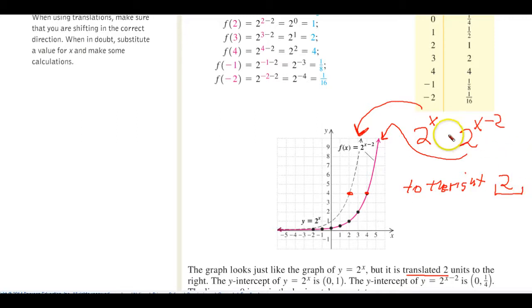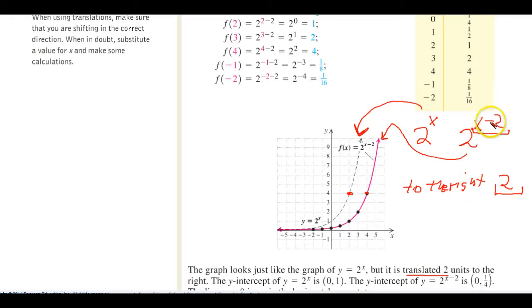And you might say, well, what's the connection? What's the shortcut we can do to kind of know this right off the bat? Well, you will find that if in the exponent it says x minus 2, here's the key. We're going to shift that 2 units to the right. In a sense, the opposite sign.